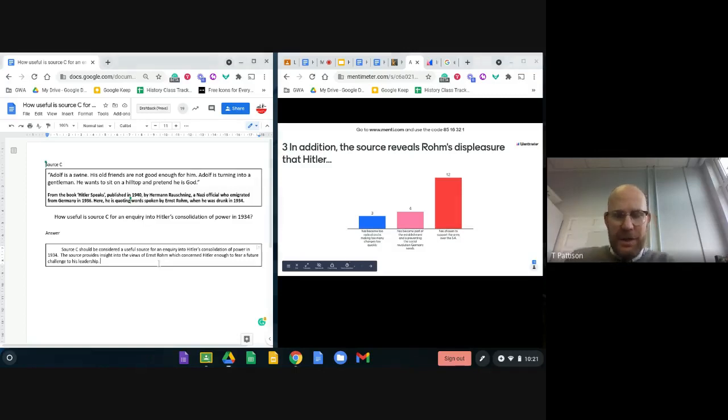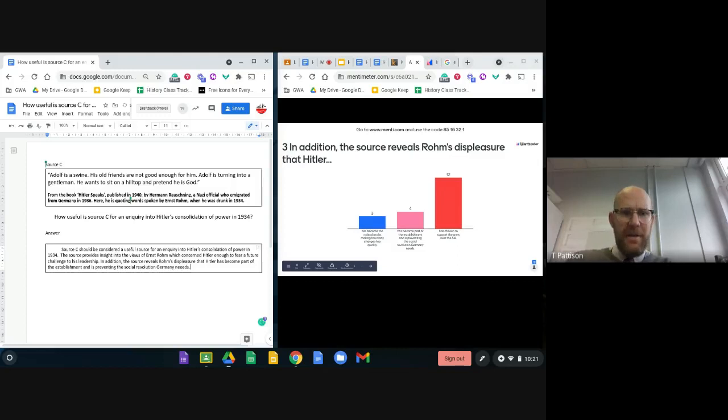So in addition, the source reveals Röhm's displeasure that Hitler has become part of the establishment and is preventing the social revolution Germany needs.